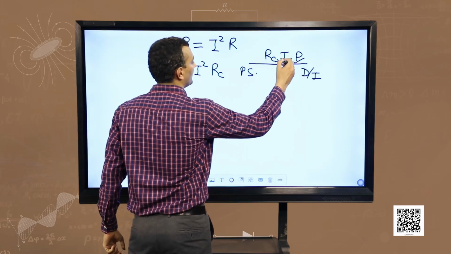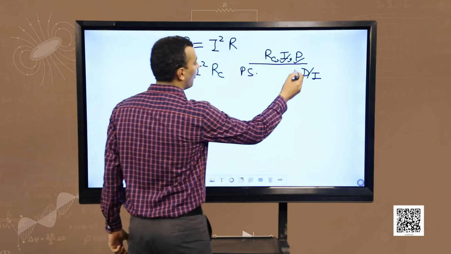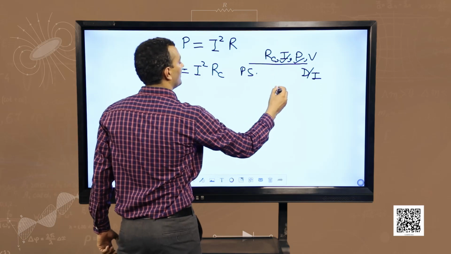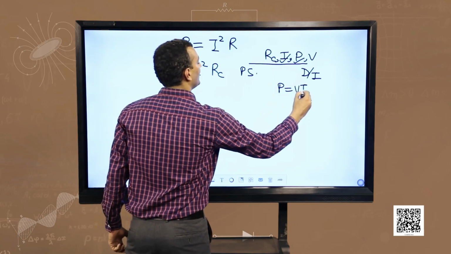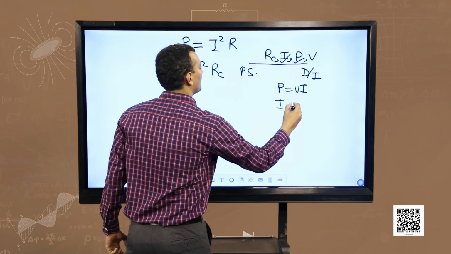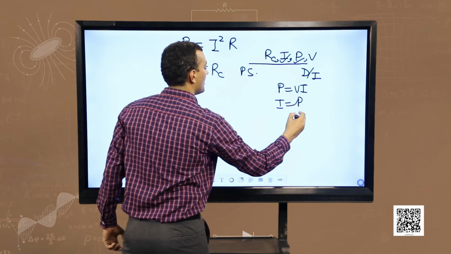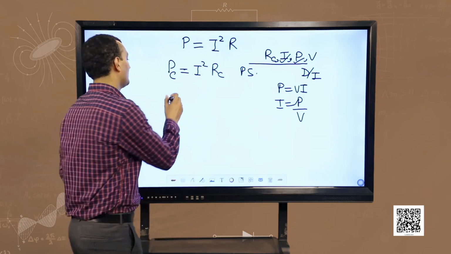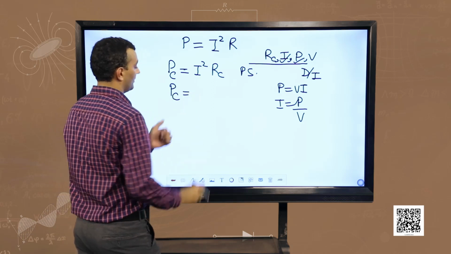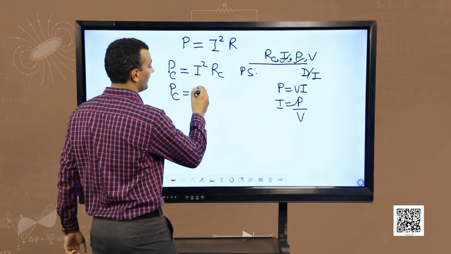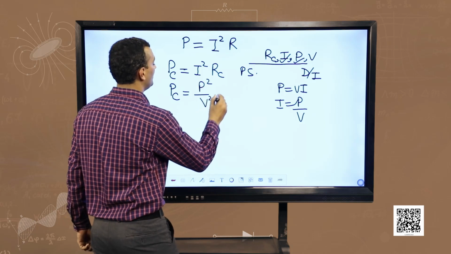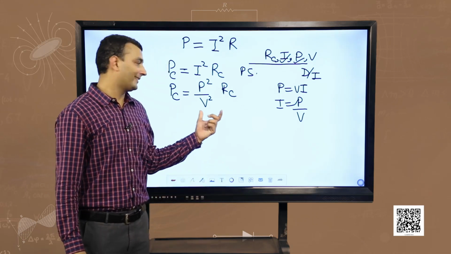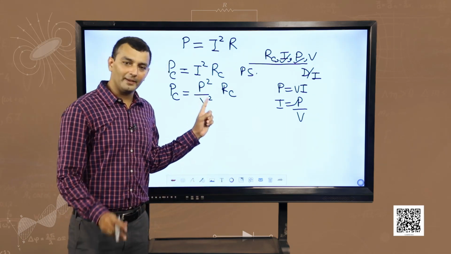Power is P, current is I, and let the voltage carried by this wire be V. Then we know that power equals VI, so I becomes P upon V. If we put this value of current in this expression, then the power dissipated in the cable becomes P square upon V square into RC.